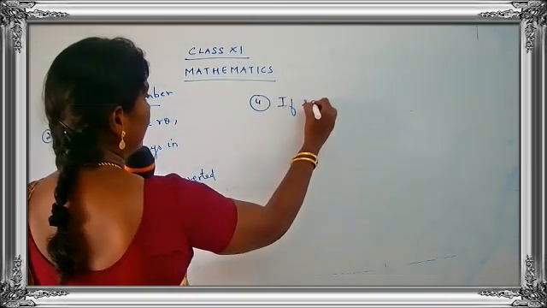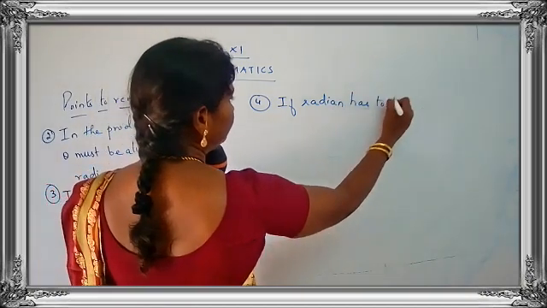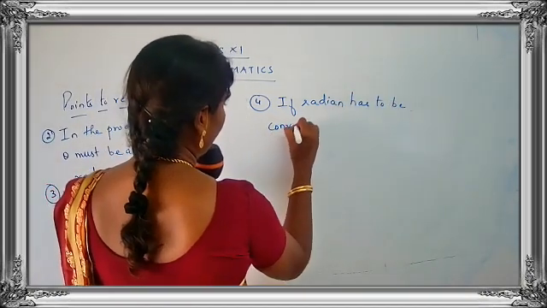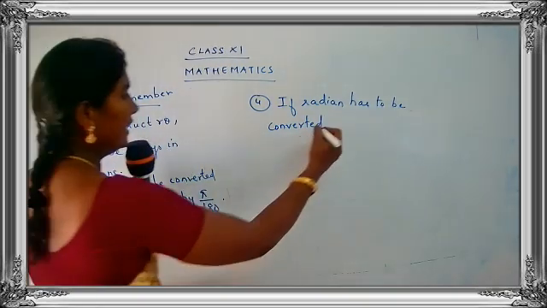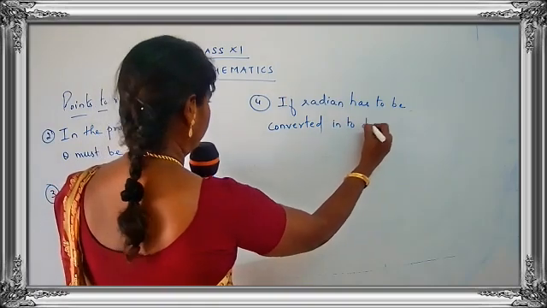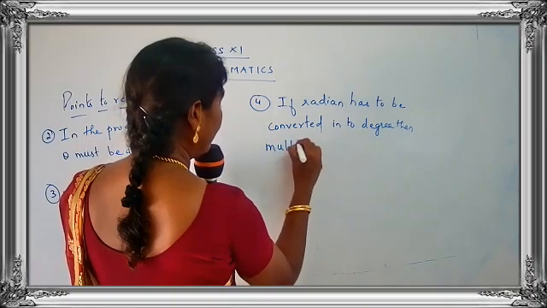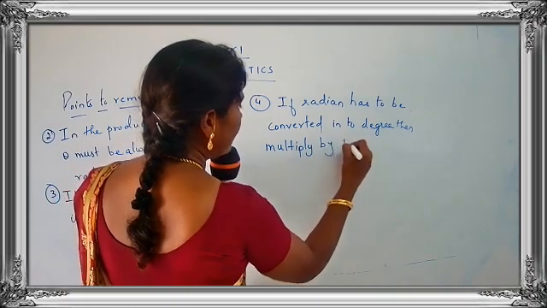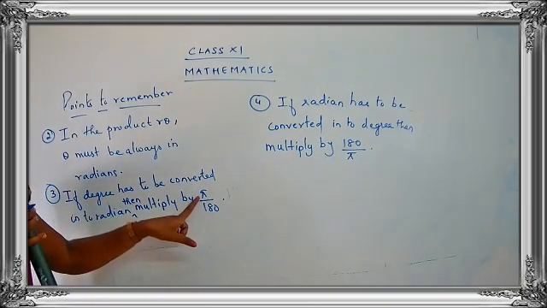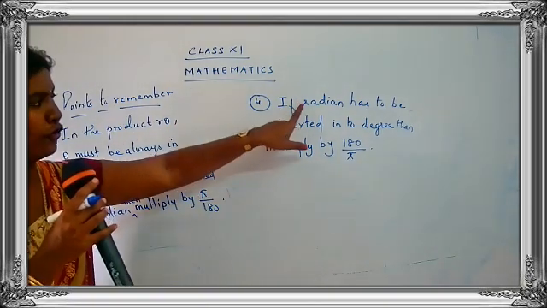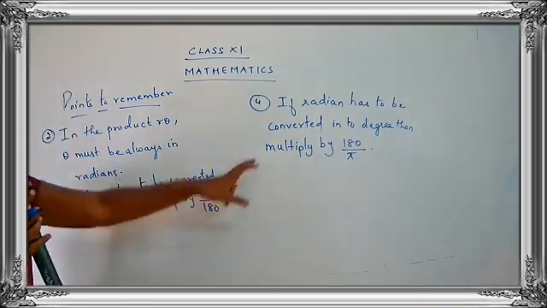If radian has to be converted into degree, then multiply by 180 upon pi. Very simple. Just take the reciprocal of it. Here we took pi by 180. So if you are going to change from radian to degree, multiply by 180 upon pi. Just the reciprocal.